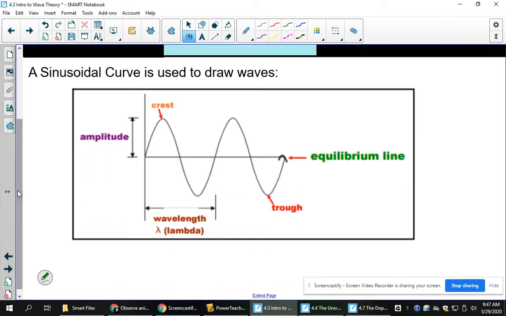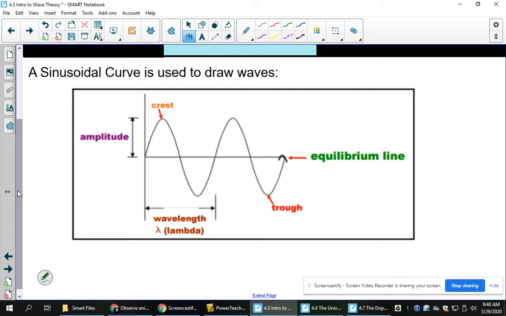So we use what's called a sinusoidal curve to draw waves, and this is something that you'll study in detail in Math 30-2 or 30-1. So a sinusoidal curve is basically if you were to put in your calculator sine x in the graphing position and you were to change the window so that it was big enough to see, you would get this wave shape.